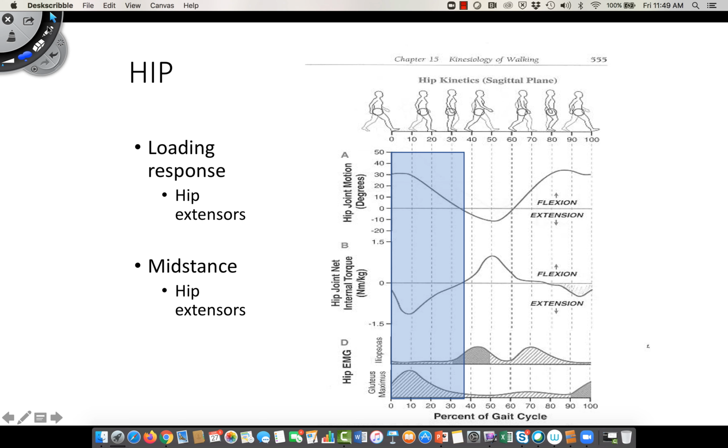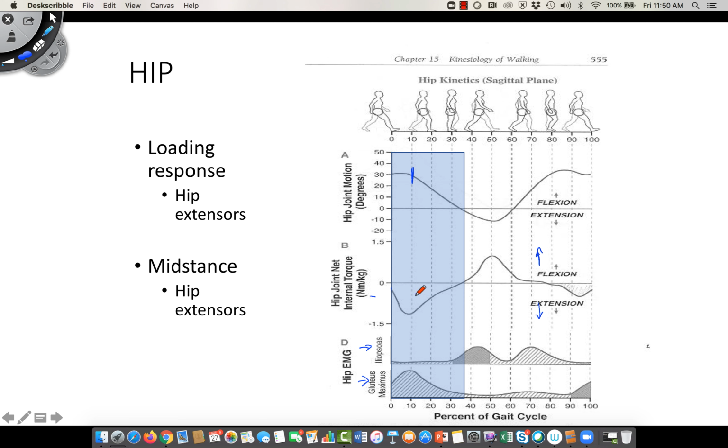Okay, so let's take a look at loading response and mid stance. Let's divide that up here and look at the hip moment data. Extension is negative and flexion is positive, just like the other graphs. We have the iliopsoas EMG and then the glute maximus EMG here, so flexors and extensors.